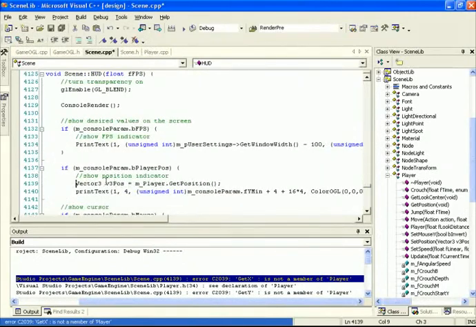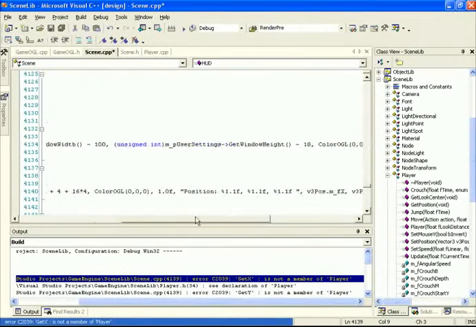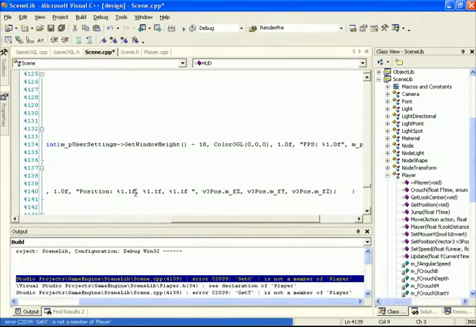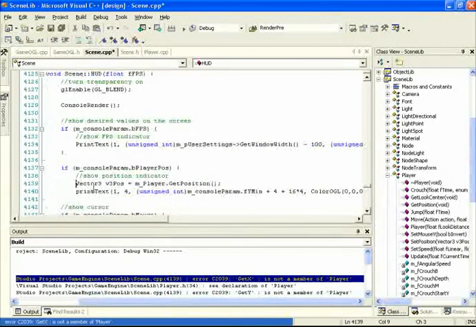We're going to call mPlayers get position, and save it inside of our own vector here. Then we do the same thing here, position the text, call it x, y, z, and now we just get the x, the y, the z components from v3 position. The minus signs now disappear because the position in 3D space is the actual position that we're using. We no longer have to worry about this whole camera position and player position. Player position is player position, so that's the value that we're going to be using.